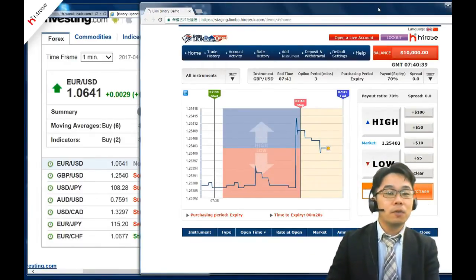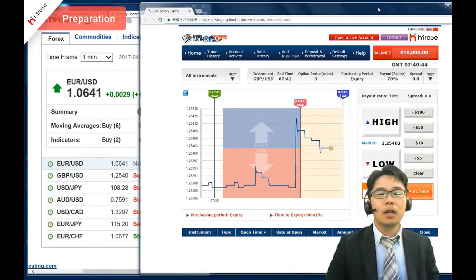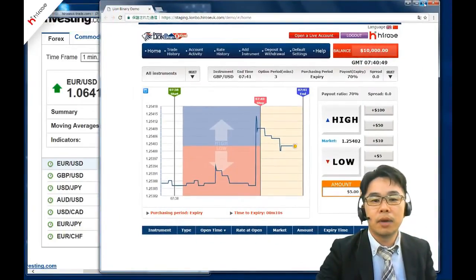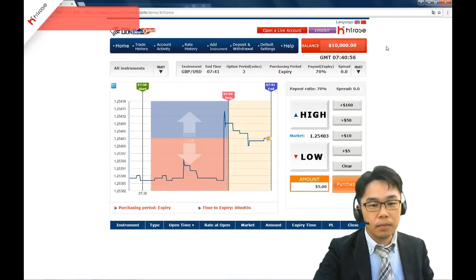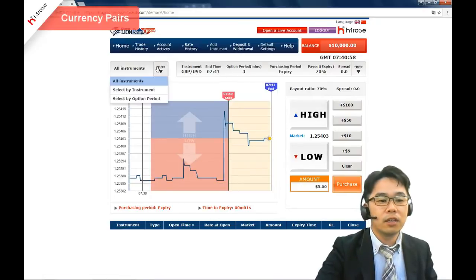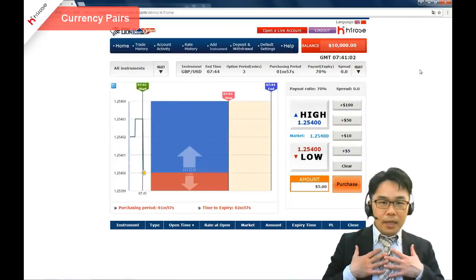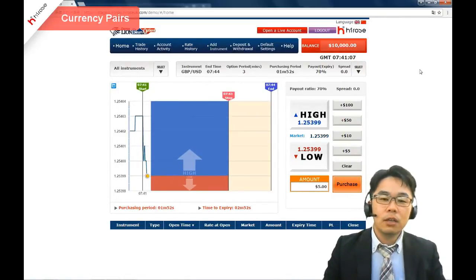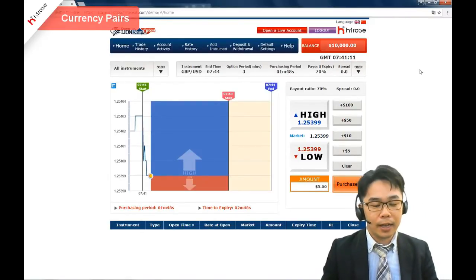So first of all, 303 strategy. Let's talk about preparation. Let me enlarge this binary option platform. The first preparation is about the currency pairs. Here you can choose the pairs. For me, I would choose dollar yen or euro dollar because these are the most traded pairs and the liquidity is very high.